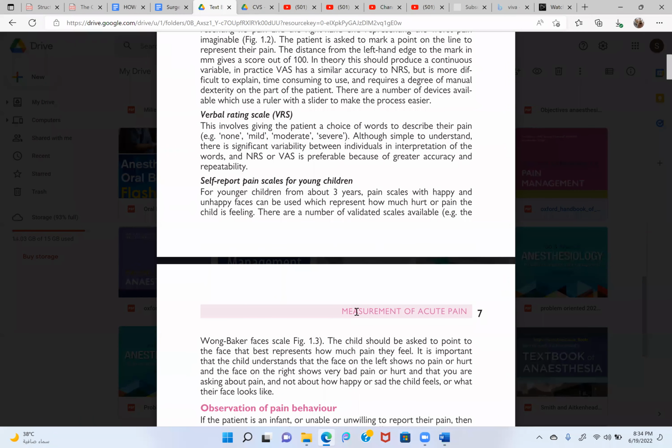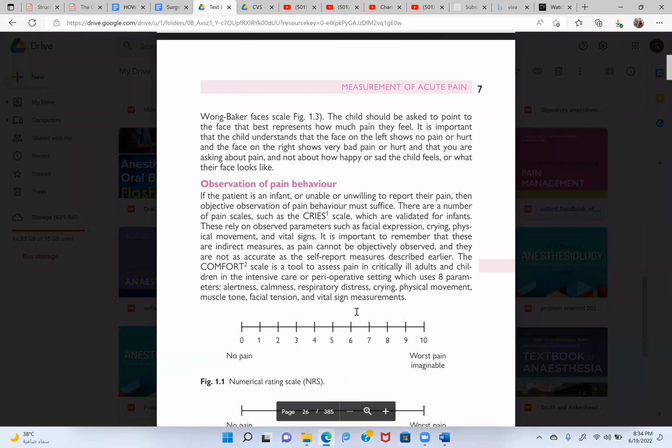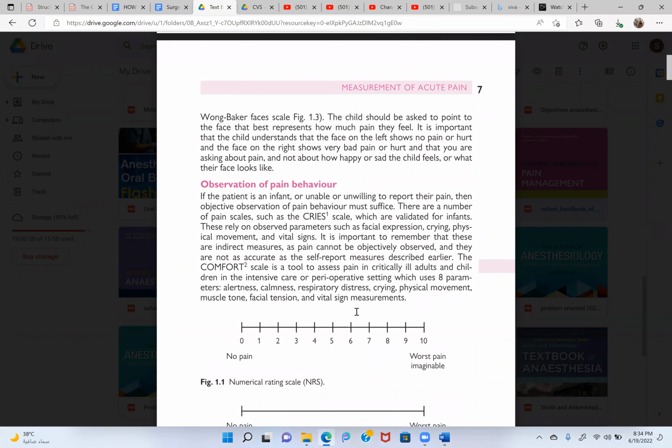This will be for younger patients. This is the Wong-Baker faces scale. Then there are certain others, I have no idea about them. One is the CRIES scale, one is the COMFORT scale. The COMFORT scale has 8 parameters. They have just mentioned it here. Okay, just a second.